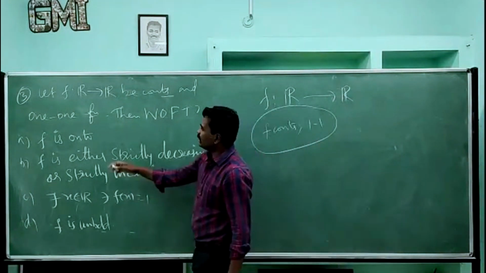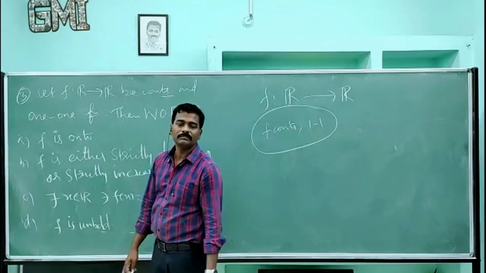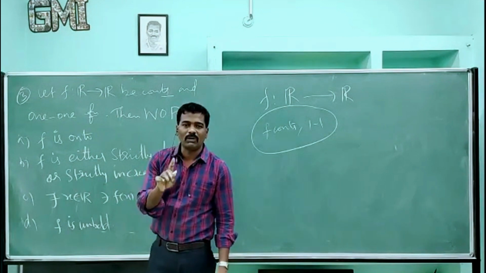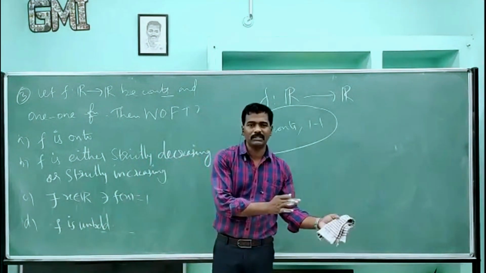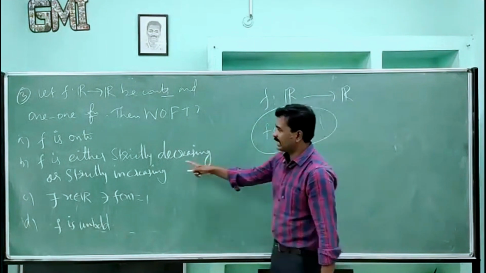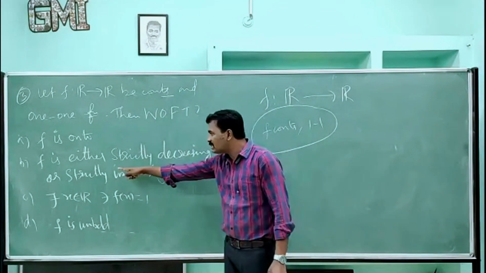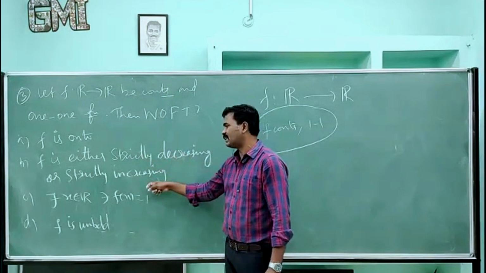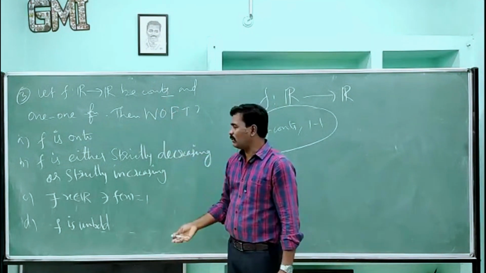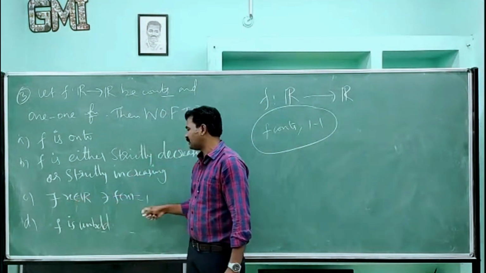The first option: whenever f is continuous and 1-1, it implies f is always onto, that is option A. The second option: a continuous 1-1 function is always either strictly decreasing or strictly increasing, option B. The continuous 1-1 function has this property: there exists x belongs to R such that f of x equals 1.